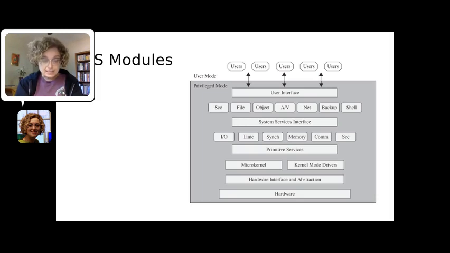So, for example, your Windows operating system uses a device driver for the Dell keyboard, and maybe another device driver for your HP monitor, and so on and so forth. So different manufacturers, different device drivers, and all of these need to be put together from the operating system.